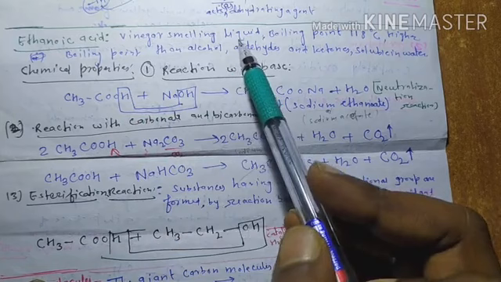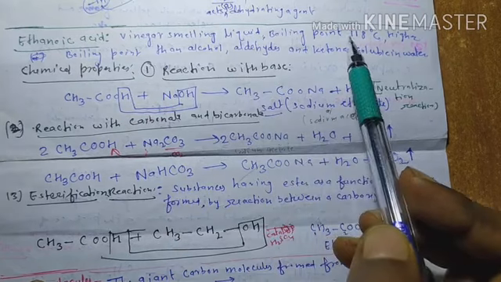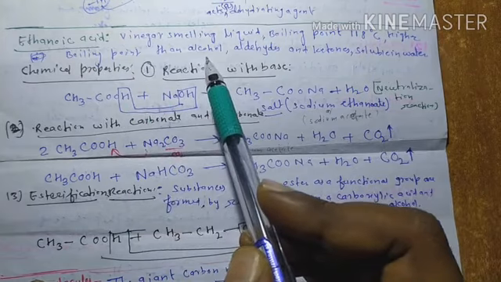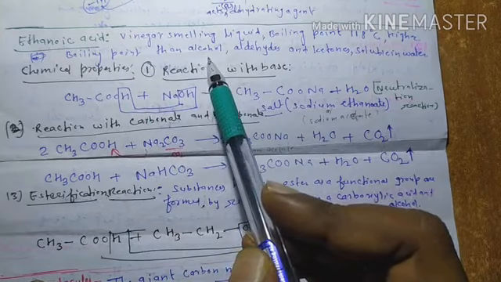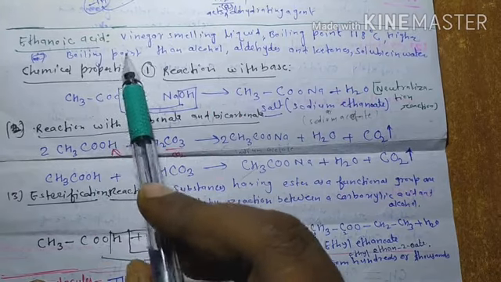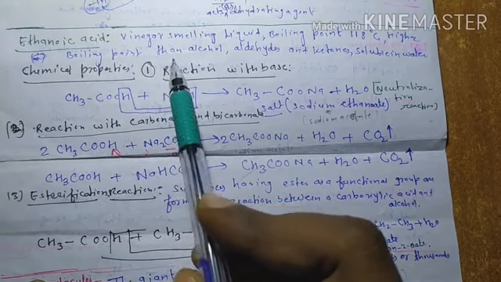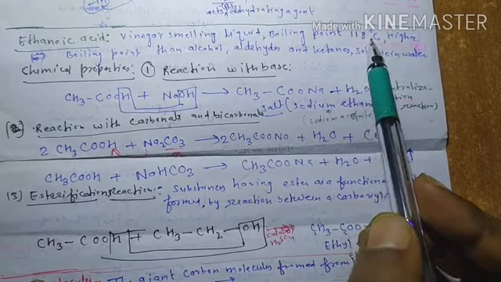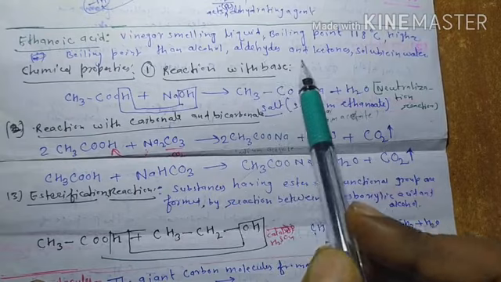smelling liquid. Boiling point 118 degrees Celsius, higher than alcohol, because in case of alcohol the boiling point is 78 degrees Celsius, but in case of ethanoic acid or acetic acid, the boiling point is 118 degrees Celsius.